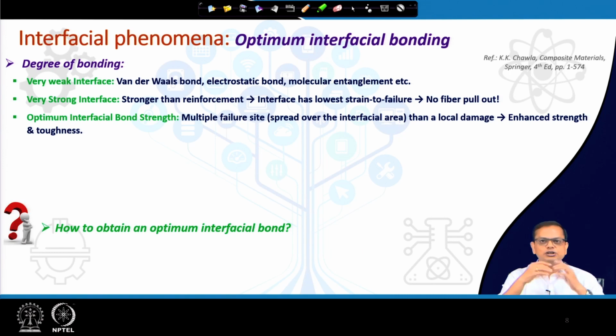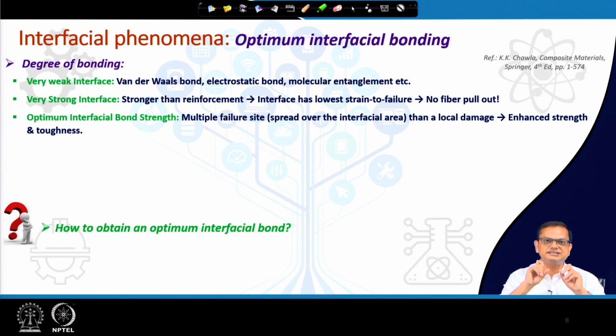Okay. And because of that, the fracture toughness will improve, strength improves anyway because of high interfacial strength, but the interfacial strength is such that it is optimum. So, it also allows some amount of interfacial delamination, and that improves fracture toughness.